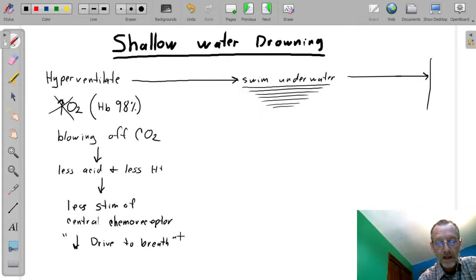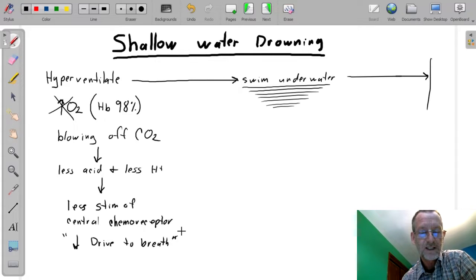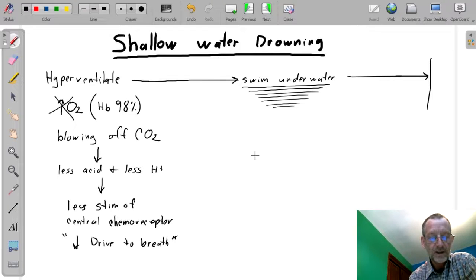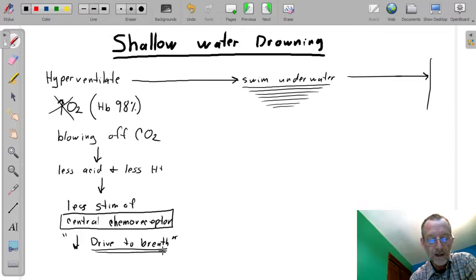I mean, we knew that because we didn't have the urge to come up and take a breath. We just figured we were running on all this extra oxygen that we had. Well, meanwhile, the CO2 levels are starting to build up, but we can get down to the end before they get high enough to cause us to want to take a breath. So the central chemoreceptors are out of the picture. Our drive is out of the picture.